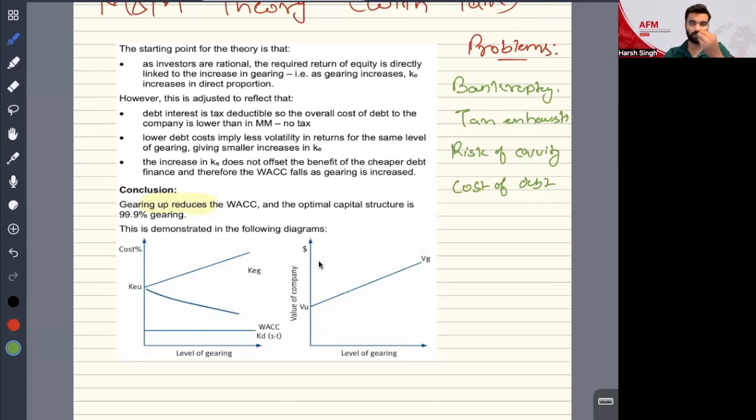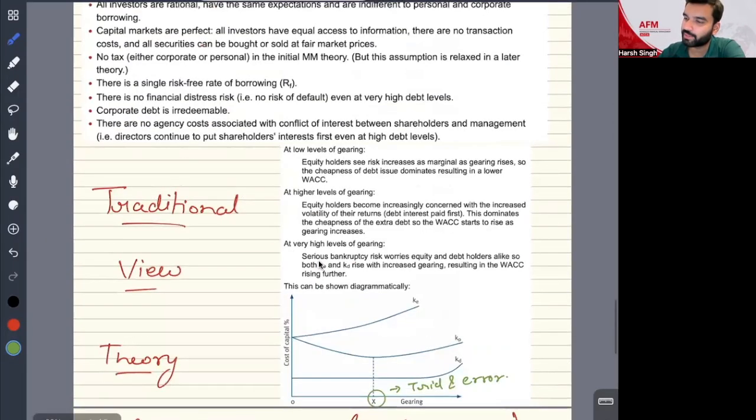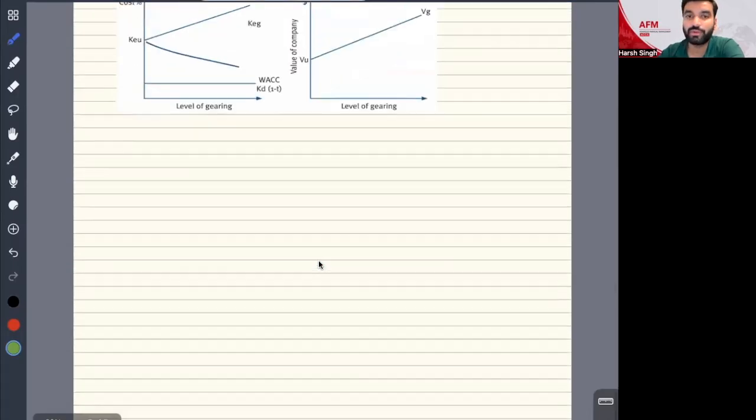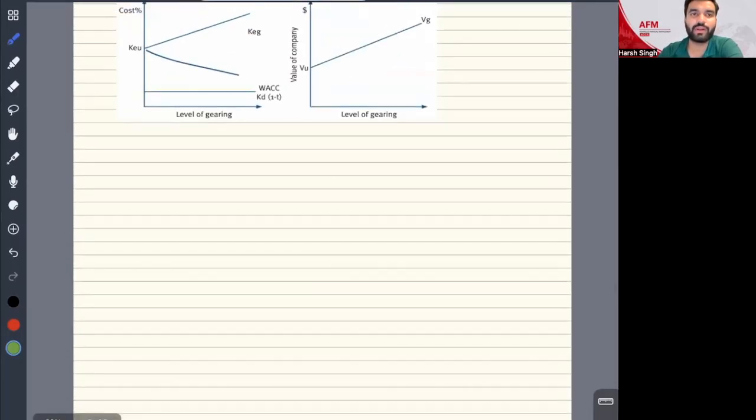I'm not asking you to go through and understand it in depth, but at least some knowledge you should have. Not only this, when I talk about the financing decision, there can be a question on raising finance. That whenever you are raising finance, what are the certain things that you should always take care of? That can be a question there.